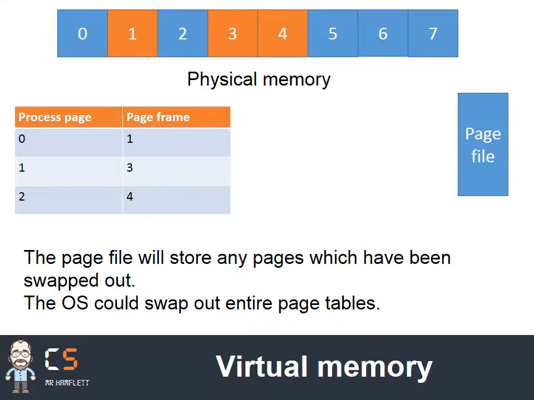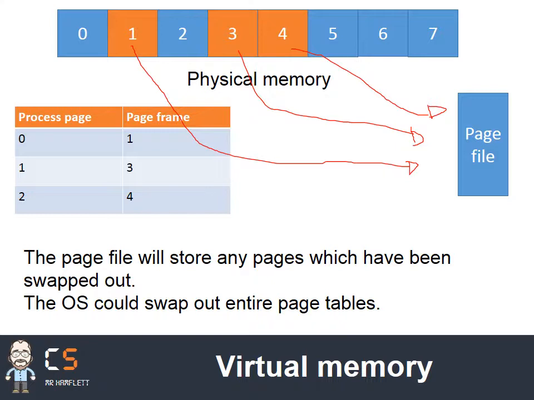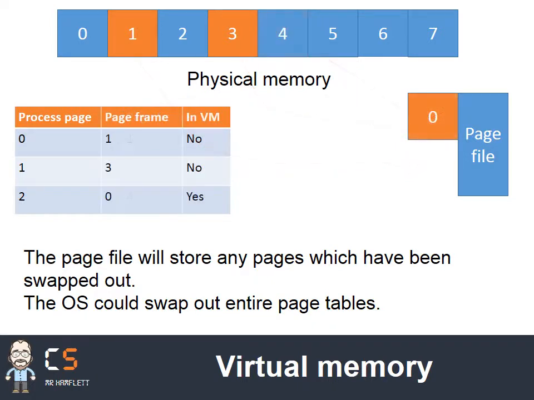The page file will store pages which have been swapped out. When a page goes from physical memory to the page file, to virtual memory, we say we're swapping it out. We could swap single pages out, or we could swap the entirety of a process. The operating system can control exactly what goes in and out. In order to do this, the page table will keep track of which pages are in virtual memory and which are not.